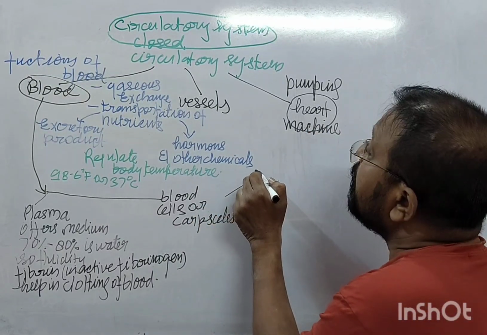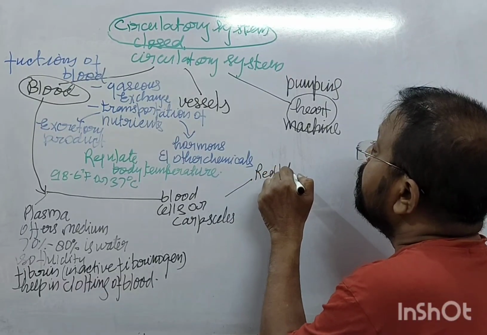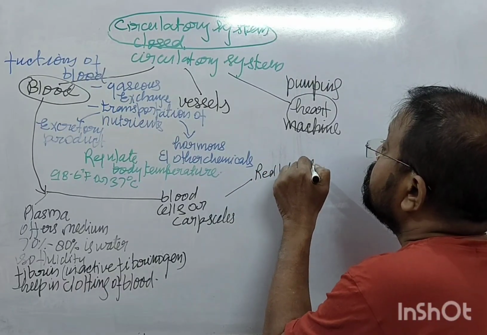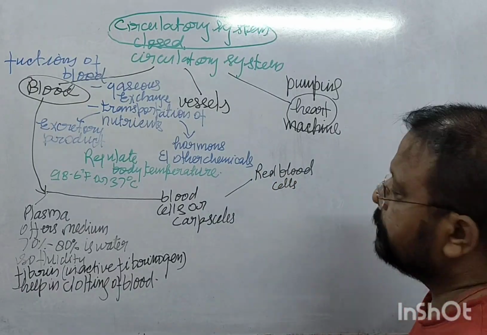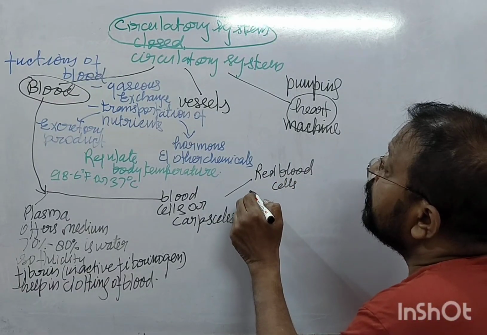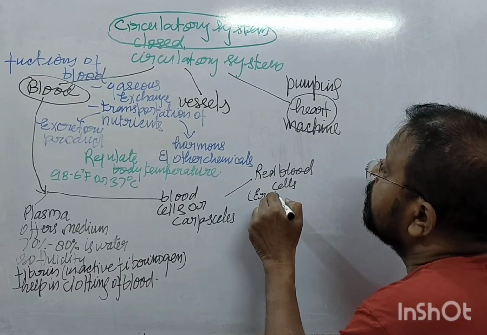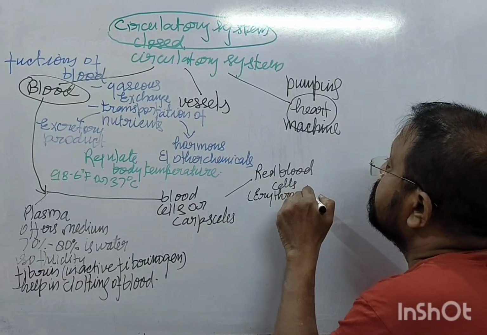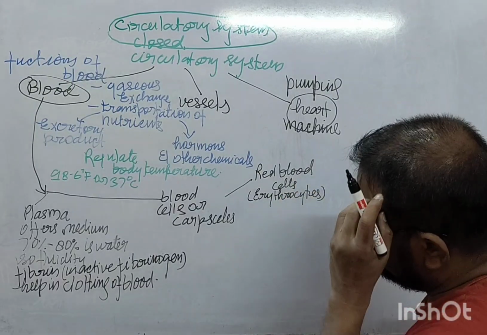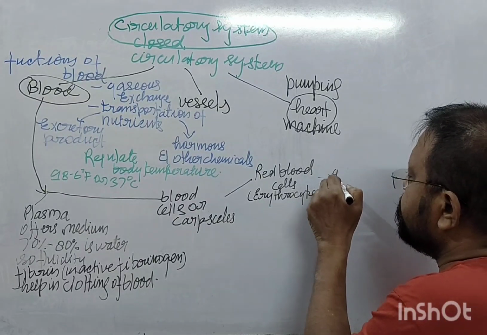One we call red blood cells. It is called erythrocytes. Right. This is for gaseous exchange.